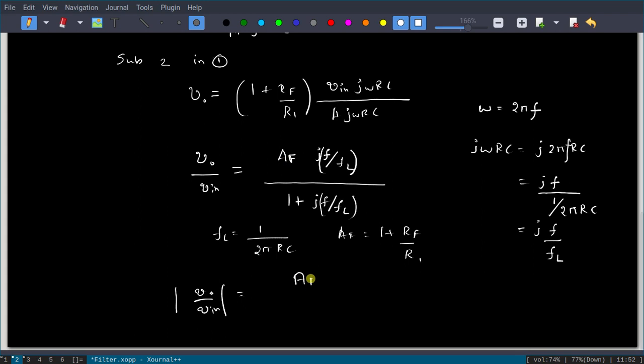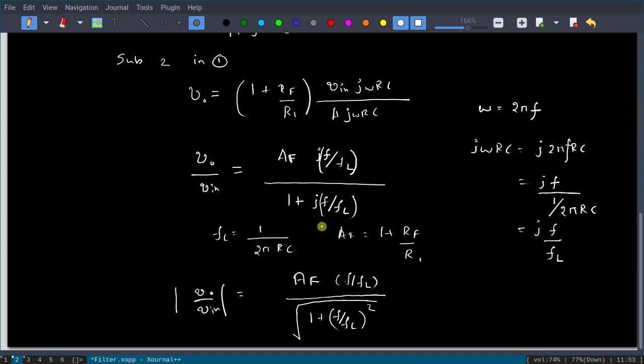So AF times f by fL is the numerator, and in the denominator we get square root of 1 plus f by fL whole square. This is what we get as the magnitude.